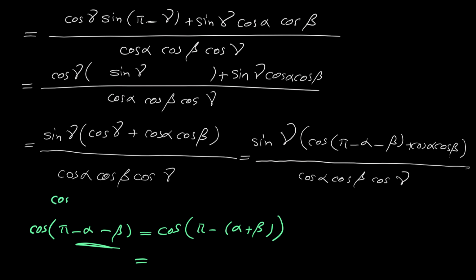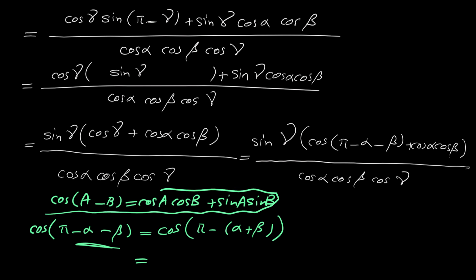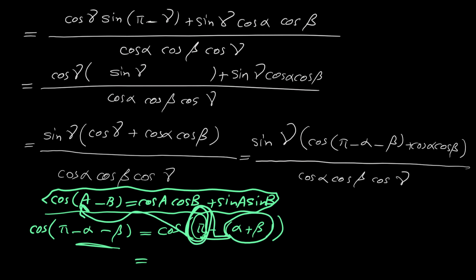Let me remind you, cosine of A minus B is cosine A cosine B plus sine A sine B. This is the formula that we have. If we use this relation for A minus B, the pi is A and all of this angle is B.